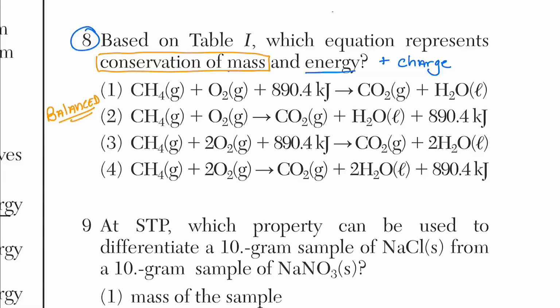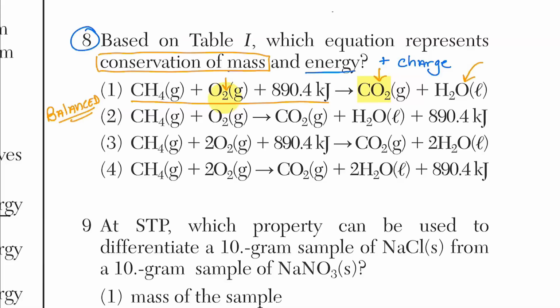If you look at choice 1, you can see on the reactant side, which is to the left of the arrow, I only have 2 oxygens. On the product side, we have 2 on the CO2, but we also have an oxygen here on the water.